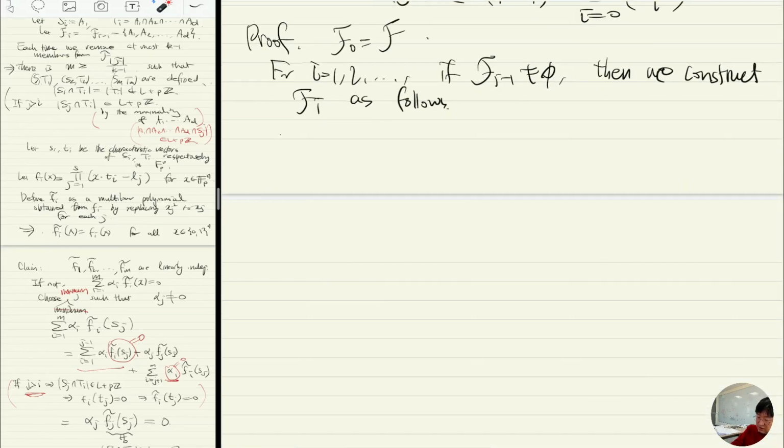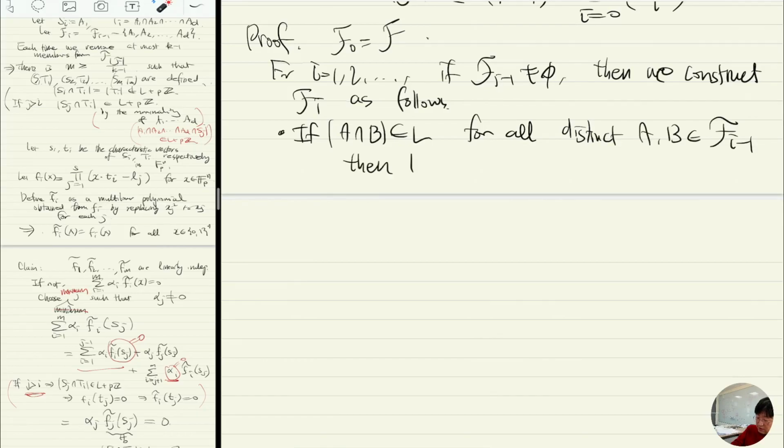So here's the condition. If A intersection B is in L for all distinct A, B in F_{i-1}, then take S_i to be the largest set in F_{i-1}, and T_i is also the same as S_i.